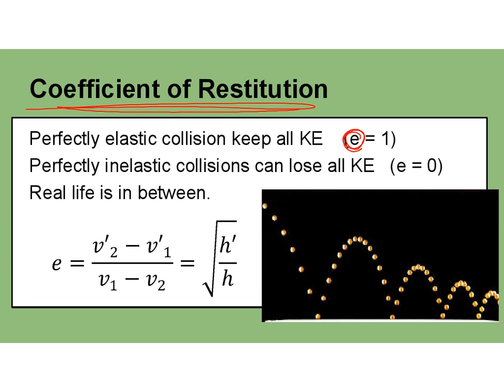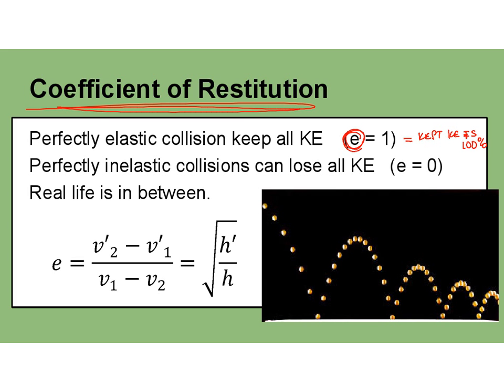In perfectly elastic collisions, we say that e is equal to 1, meaning that the kept kinetic energy is 100%. All right, I get to keep all of the kinetic energy in that case.